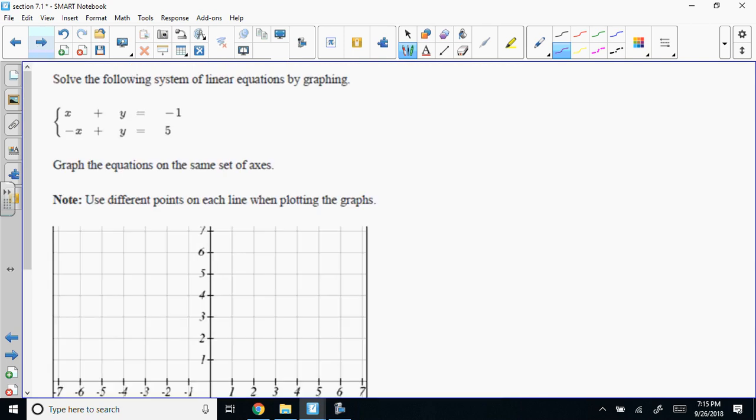Now, it says solve the following system of linear equations by graphing. Well, they're both in standard form, right? And anybody know how we graph these from standard form? Anybody remember the discussions we've had in the past about graphing from standard form?